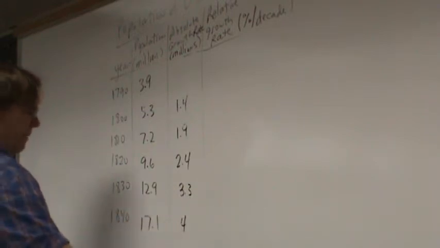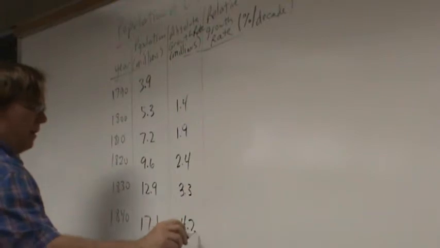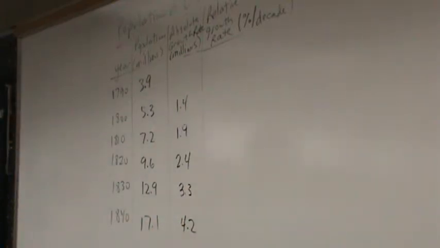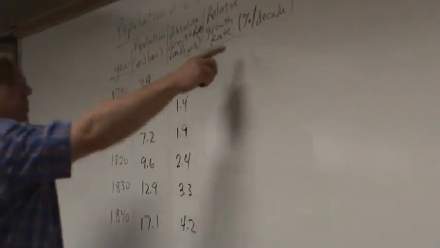Make sure I don't make any mistakes. Is that right? 1.4, 1.9, 2.4, 3.3. Okay, after you've got these absolute growth rates, I'm now going to calculate the relative growth rate percent per decade.